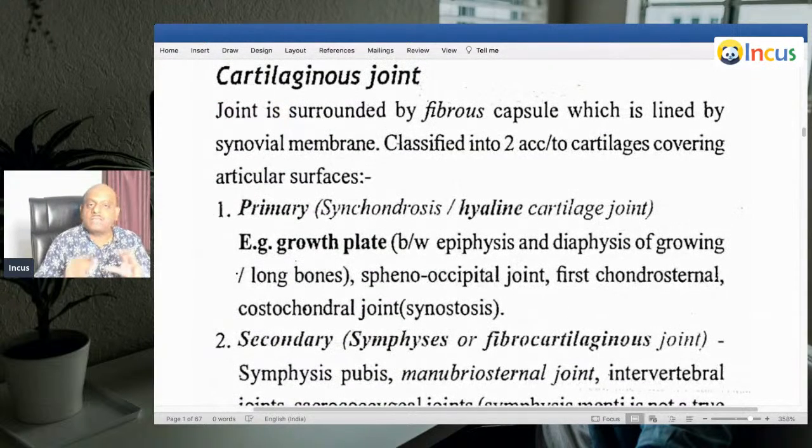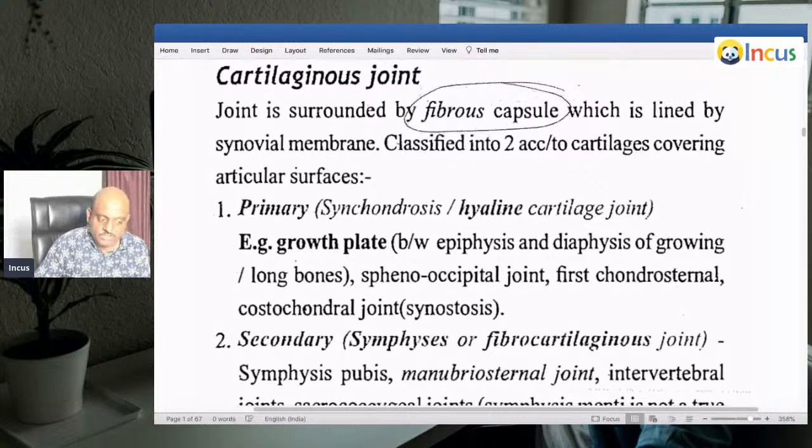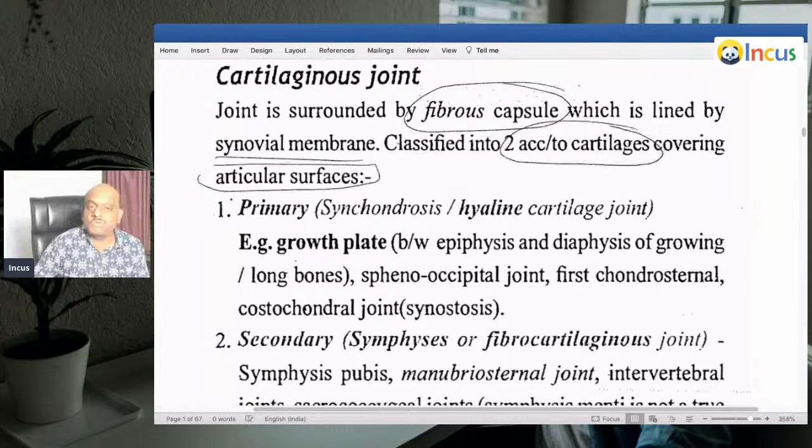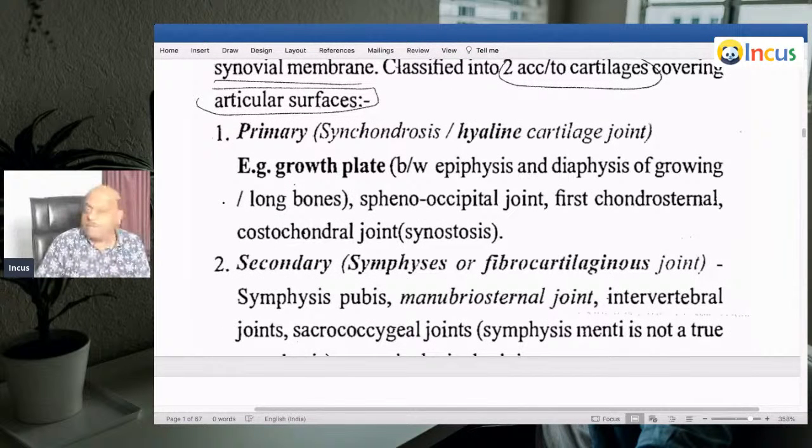Then what are the various cartilaginous joints? Whenever the joint is surrounded by a fibrous capsule lined by a synovial membrane, it is classified according to the cartilages covering the articular surface. So a cartilaginous joint can be primary or secondary cartilaginous. Primary is also called synchondrosis or hyaline cartilage joint. Secondary is symphysis or a fibrocartilaginous joint.